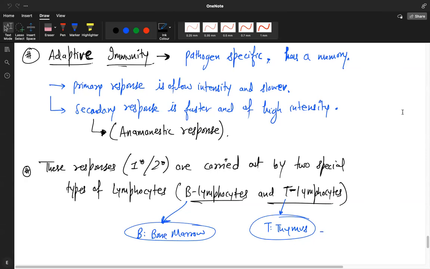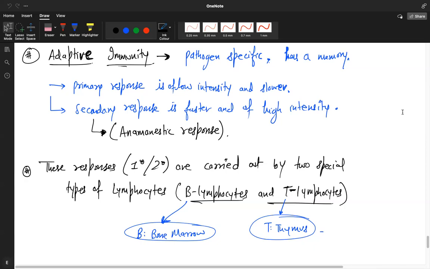But if you play with them the next time, you are better prepared. So the primary response against any pathogen is low intensity and slow. But the secondary response, remember that, is always high intensity and faster.